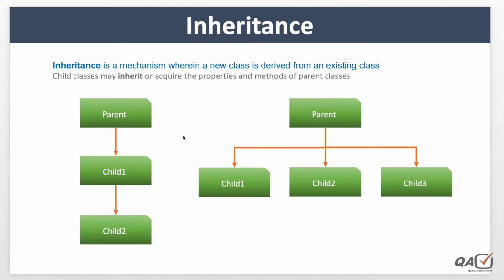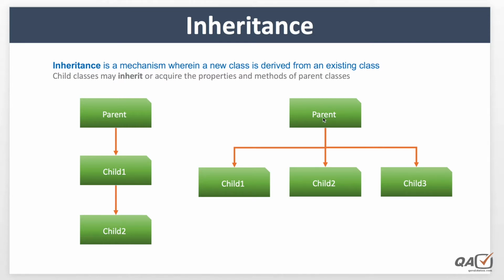Another pattern is called hierarchical inheritance. There is one parent class and multiple child classes that inherit the properties of the parent class. Child 1 will inherit the properties of the parent class, child 2 does the same thing, and child 3 also does the same.